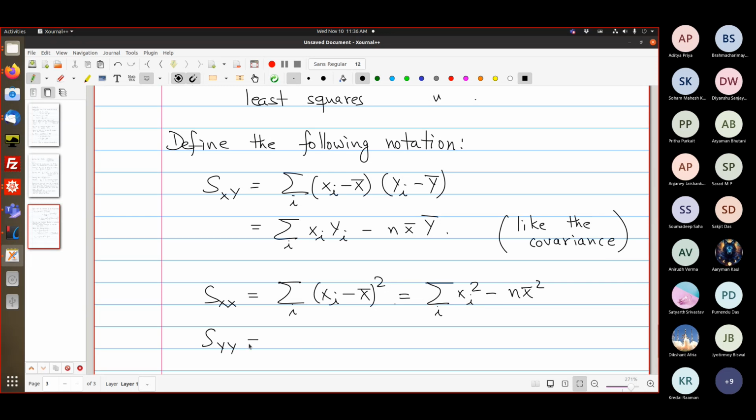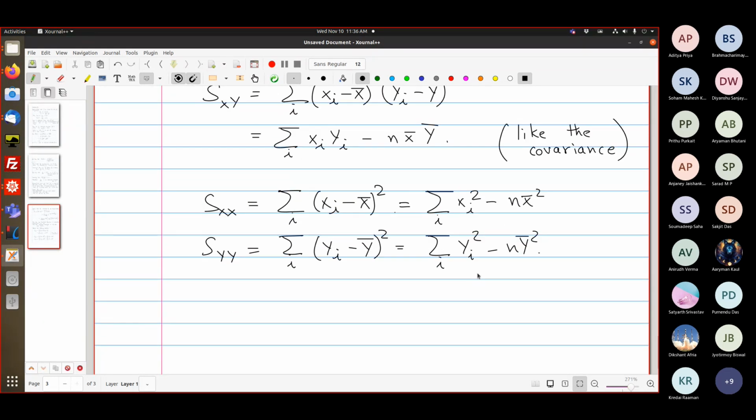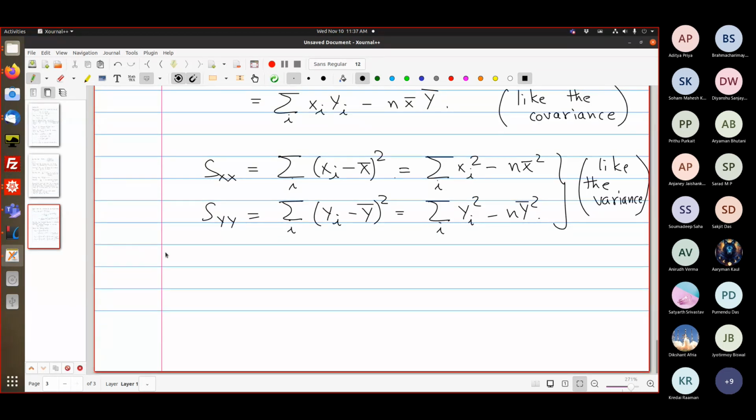Similarly, Syy is the sum over i of (yi minus y bar) whole squared, which is the sum of yi squared minus n y bar squared. So these two are like the variance, not exactly, we are missing a one by n minus one.